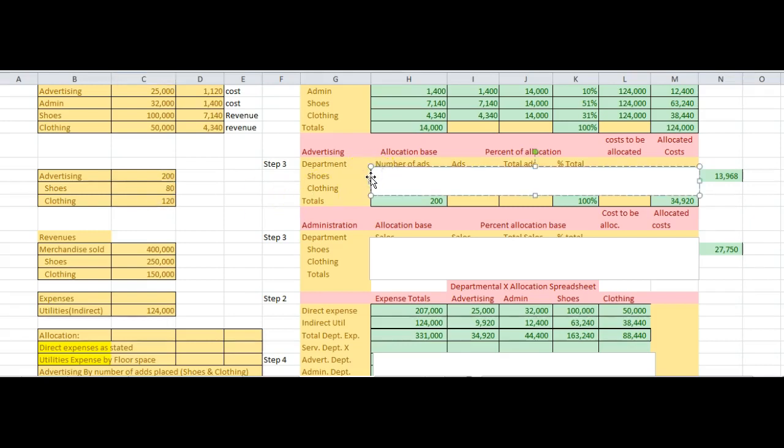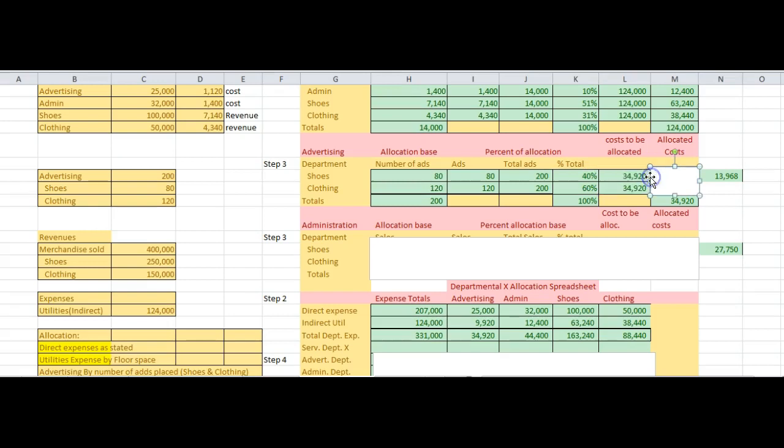So what I do is I always get my numbers so I can look at them. So 80 and 120 makes 200. And again, I do the same thing I did above. I find the percentage that I'm going to allocate by. I put in the amount. How much am I going to be using? 34,920.